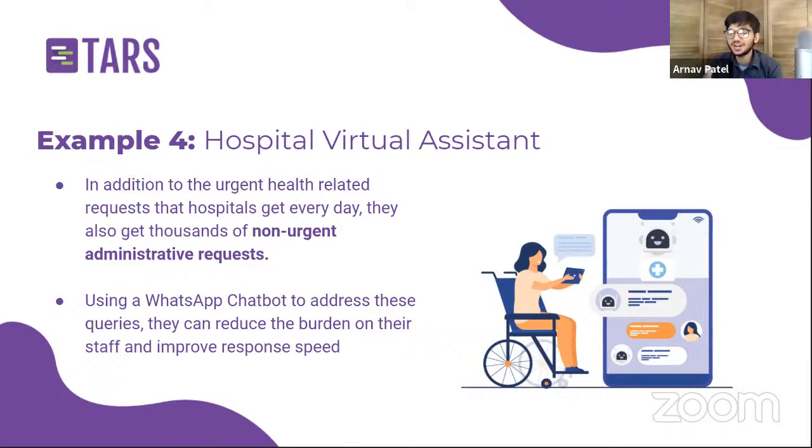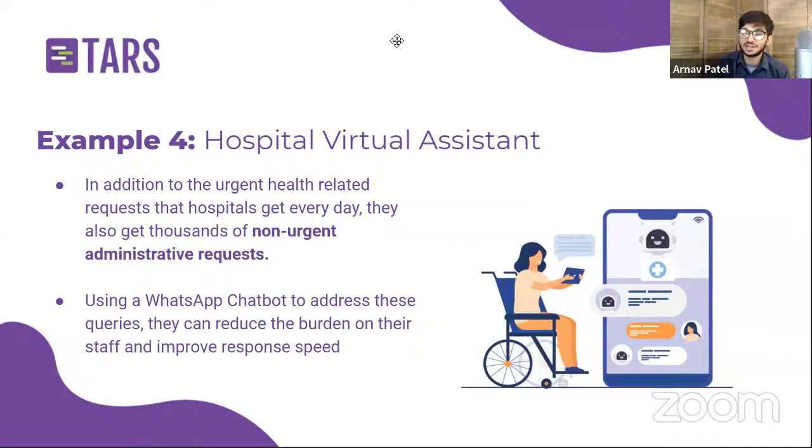Right. So we're actually going to look at an example of a WhatsApp customer service help desk that a hospital, one of the largest hospitals in the Middle East, possibly one of the largest hospitals in the world, has set up. We discussed it in one of our previous webinars, where they address non-urgent administrative requests that patients have.